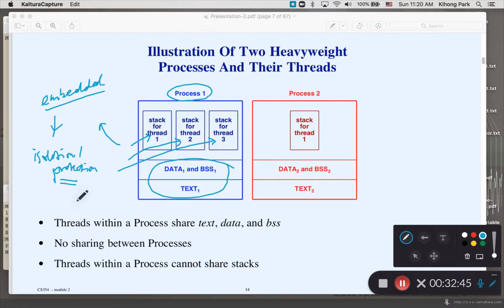That's the good thing. The bad is, if anything goes wrong with this process that's using this stack, this entire thing, of course, gets corrupted, aka it will crash, because there's no isolation protection.